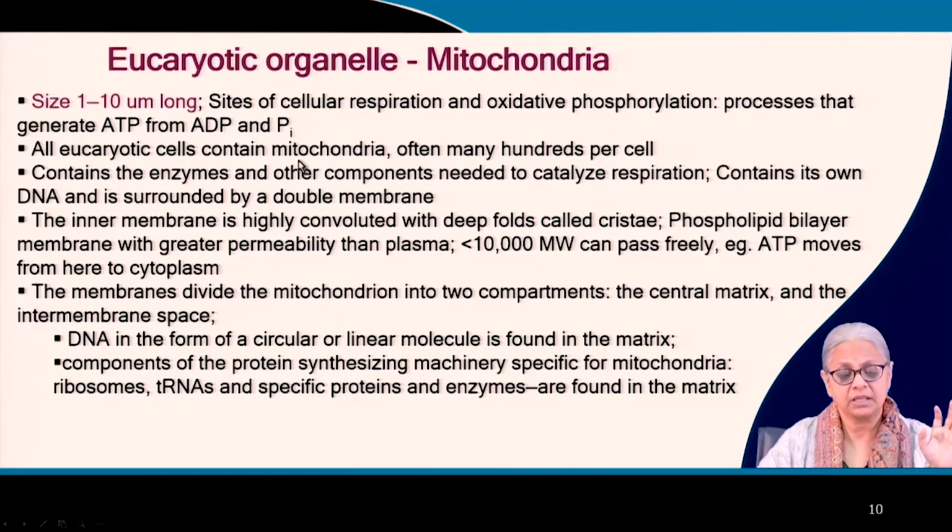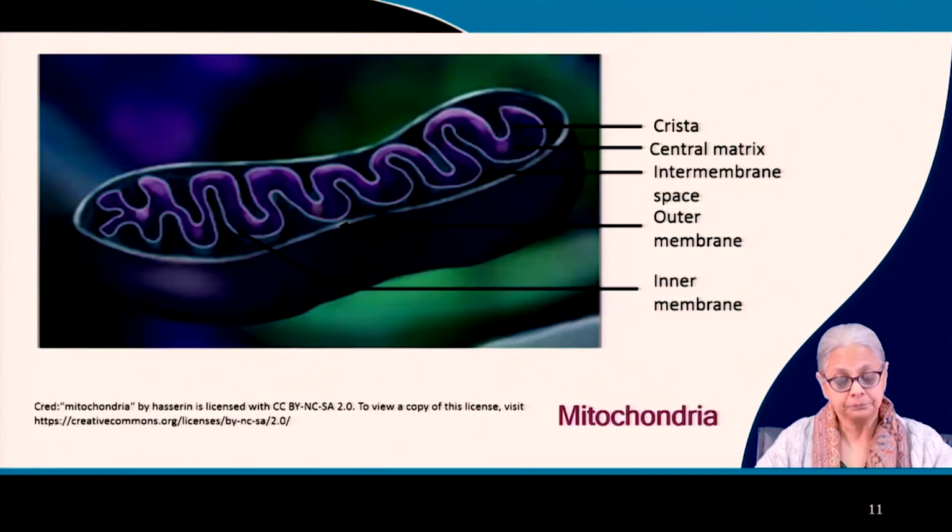All eukaryotic cells contain mitochondria, and they may have hundreds of mitochondria. This mitochondria includes enzymes and other proteins needed to catalyze respiration. So proteins, when I say proteins, I mean enzymes that are needed to catalyze respiration. It contains its own DNA and it is surrounded by a double membrane.